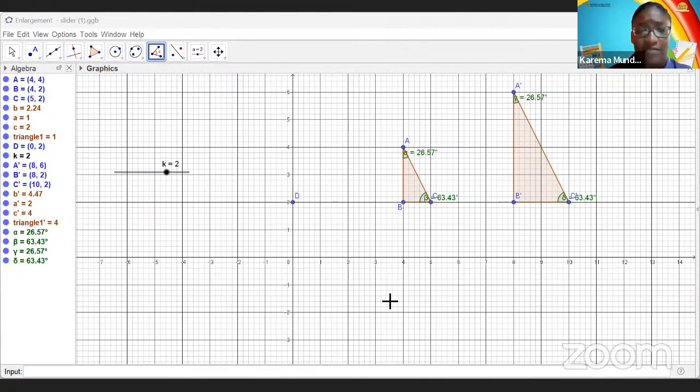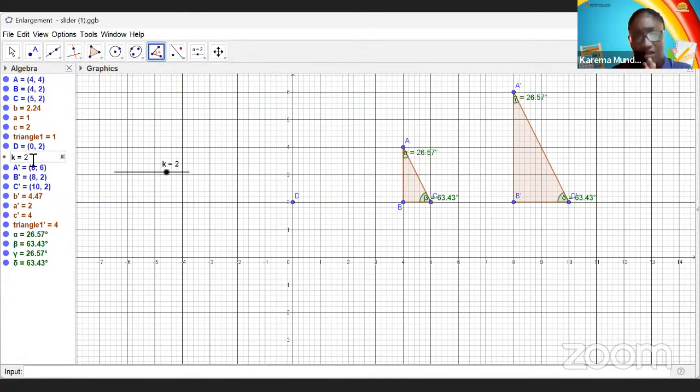The other thing I'm going to ask you to pay attention to: we looked at the size of the angles being the same, and we looked at the distance being multiplied by 2 in this particular case. So I want us to change the scale factor a little now. I'm going to ask Miss to change the scale factor to 0.5. Let's see what happens there, and then we can have a little bit more discussion.